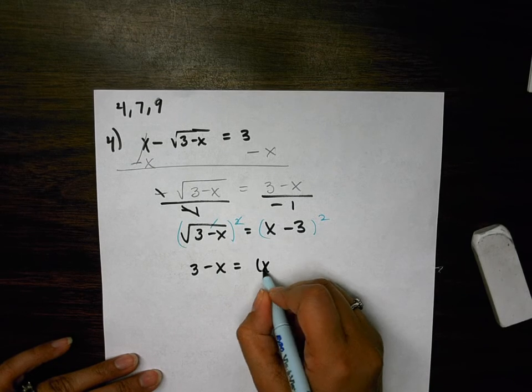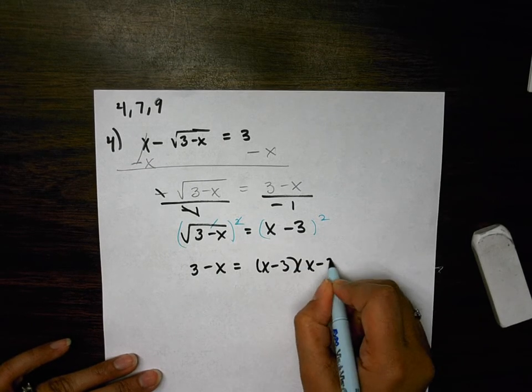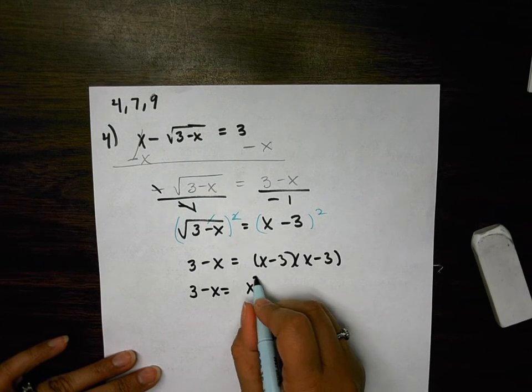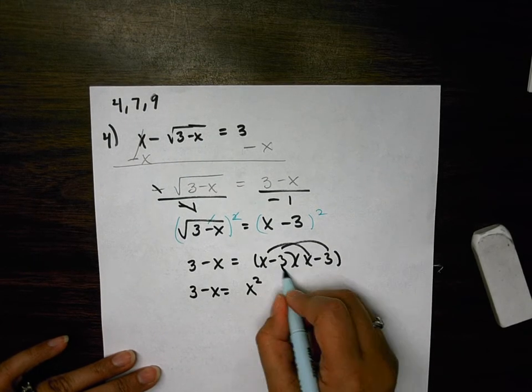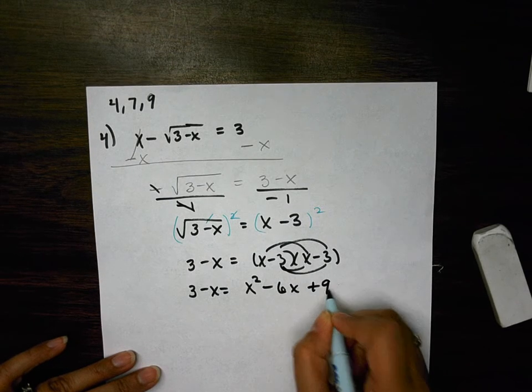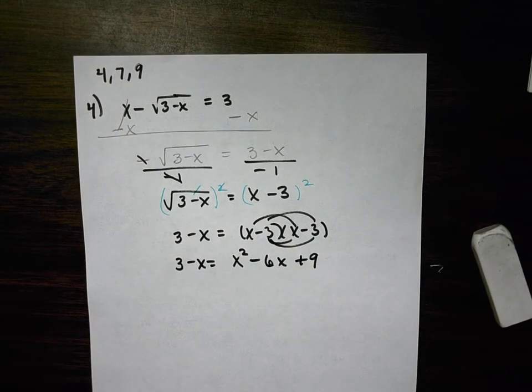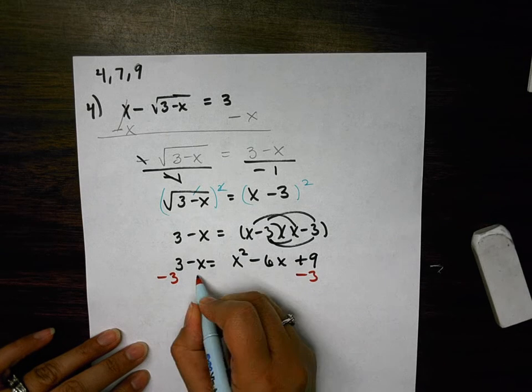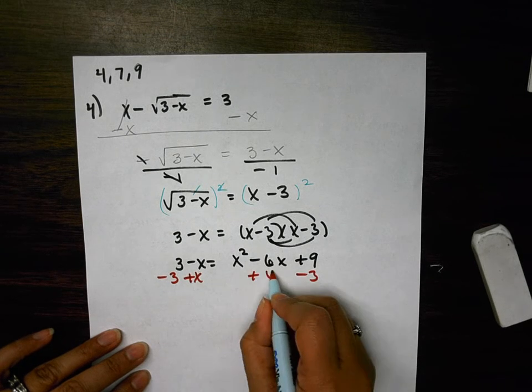And do I distribute the exponent on the right-hand side? No. x minus 3 times x minus 3 gives me what? x squared minus 6x plus 9. Is it ready to factor and solve, or do I have to get it equal to 0 first? Equal to 0 first.